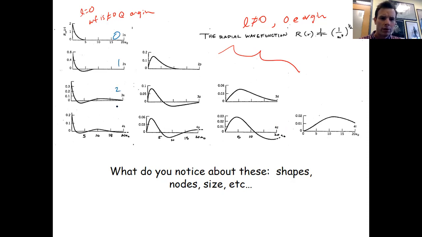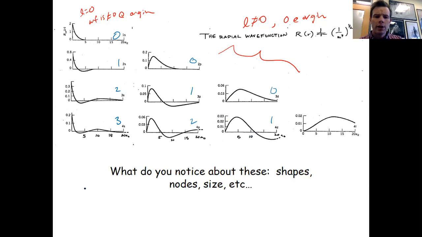This one, 2 nodes. 3. This one has no nodes. And so you might be tempted to say that there are n minus 1 nodes. That's not consistent with this one. It has 1, this one has 2, 0, this one has 1.